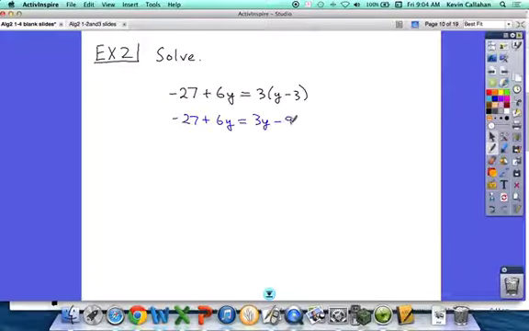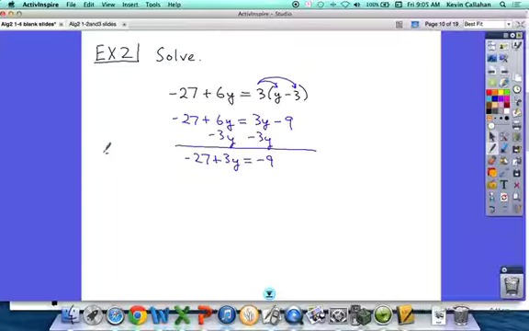Minus 9. Right? That goes like that and like that. Okay, now let's get all the variable terms on the same side. Which is the smaller of the two? 3y. So subtract 3y, subtract 3y. Negative 27 plus 3y equals negative 9.